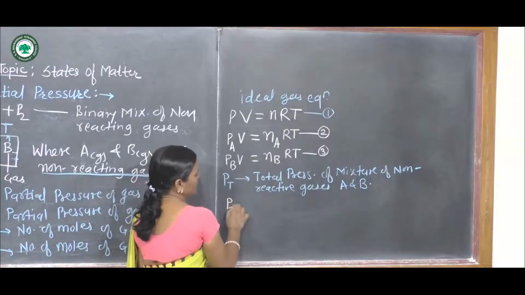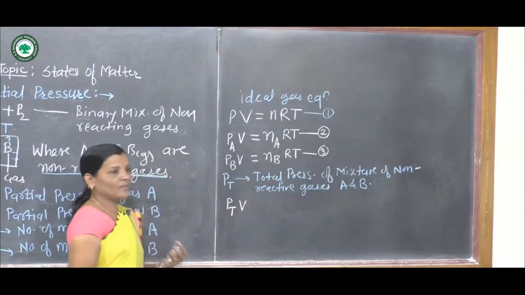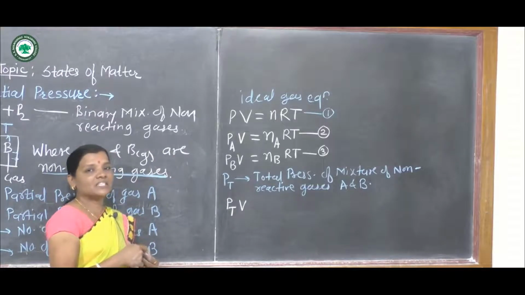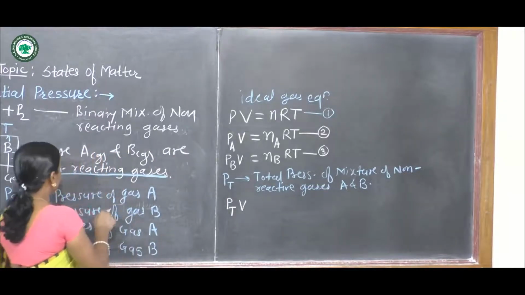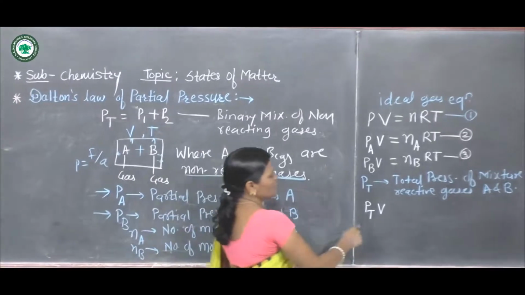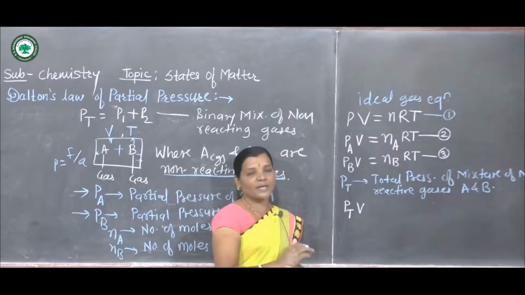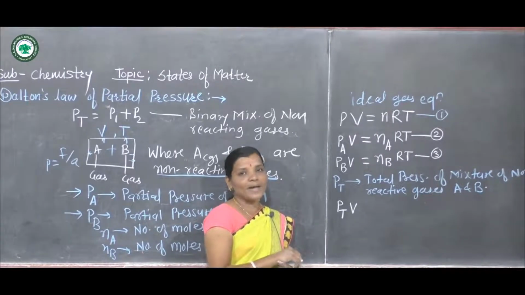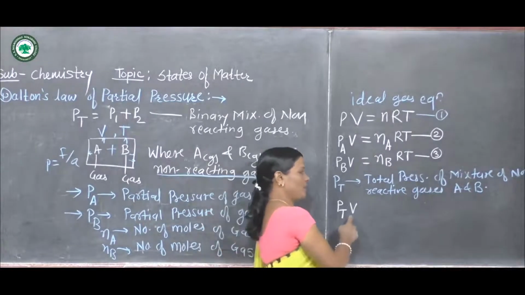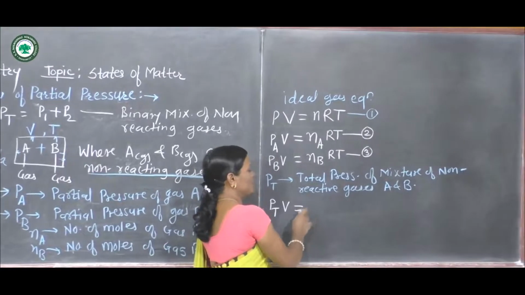PT into V, where PT is the total pressure in the container. The mixture also behaves such that all the volume is occupied by the mixture, so V is the same.